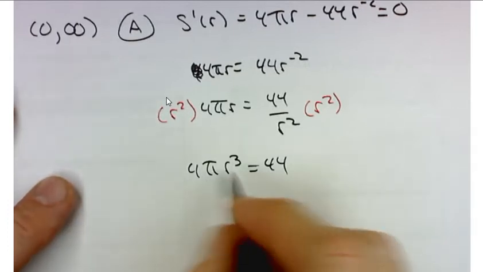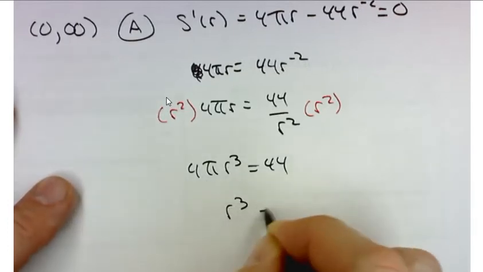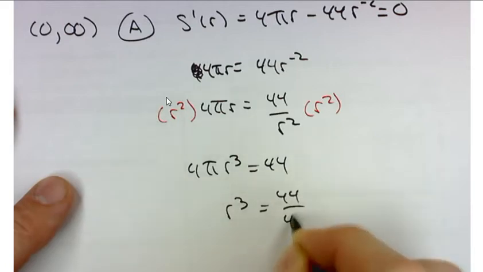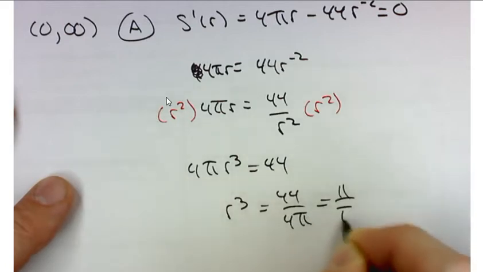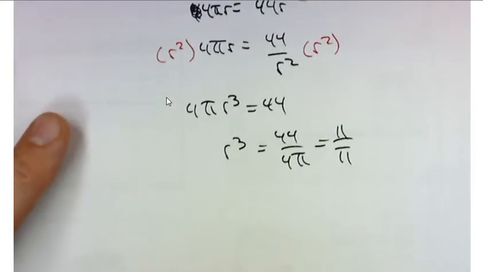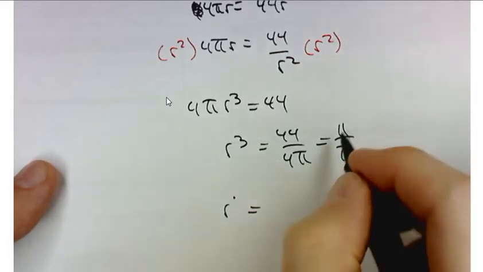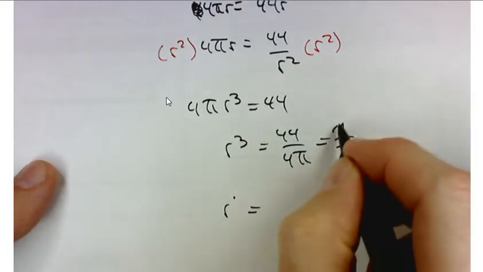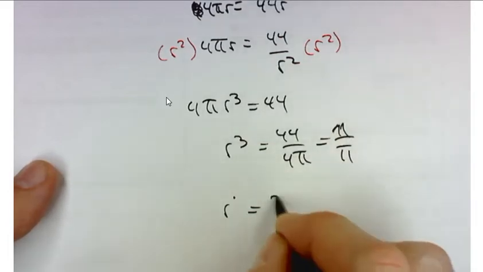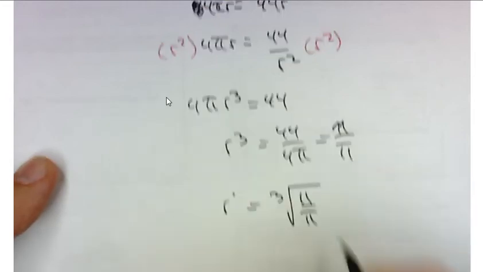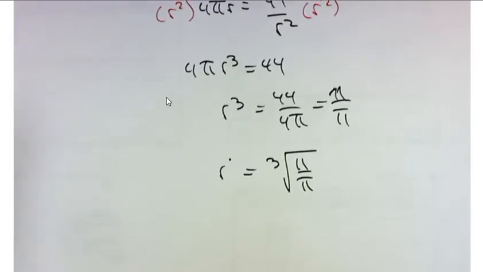I want to get rid of everything except the r's, so I get r cubed equals 44 over 4 pi, or better yet, 11 over pi. So the solution here then is going to be the cube root of 11 over pi for r. So that's your radius.